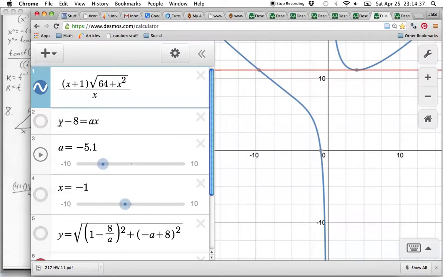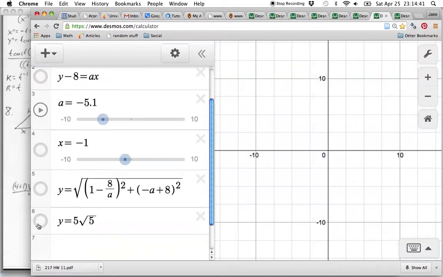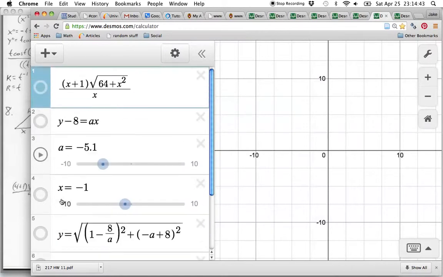Okay, and then let's get a look at what that means in this situation. So basically I've got this ladder. This green thing is my ladder. It has to always go through this 8-foot point here, and the building is 1 foot away.